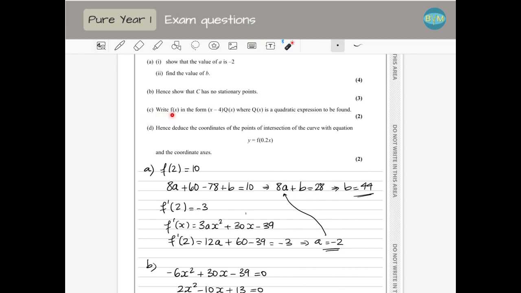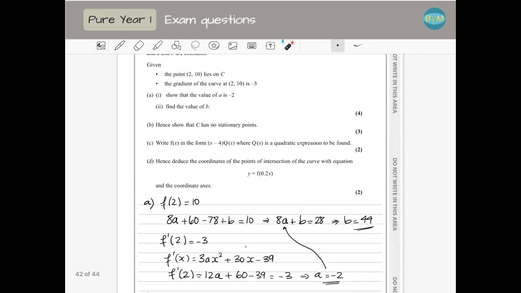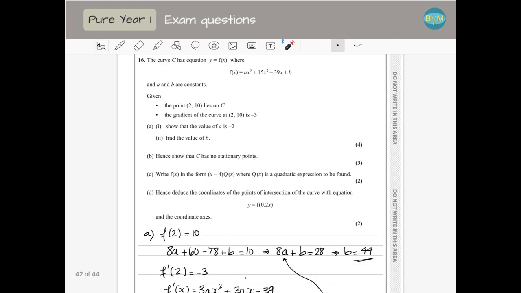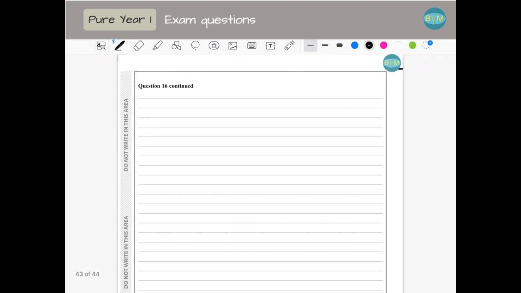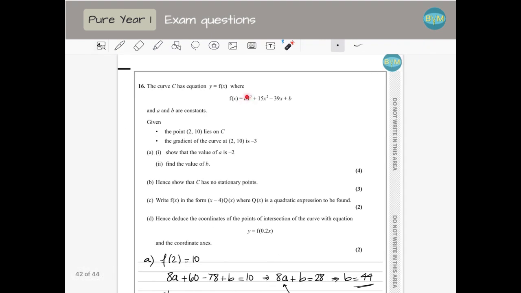Now I have to write the function as a factor that is x minus 4, and then another function which is a quadratic. To do that, this means x minus 4 is a factor, so I'm going to divide my expression by x minus 4. I have my cubic here, but I know the values of a and b.